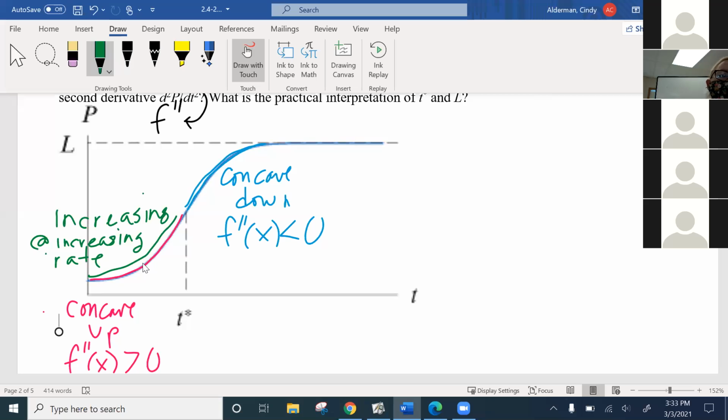And then up here, which is really interesting, it is increasing there too, right?